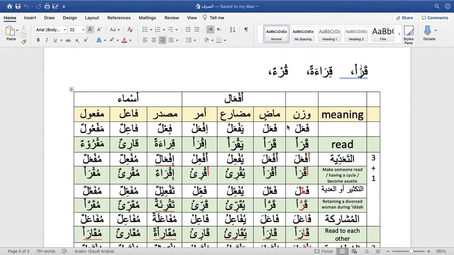So the ثلاثي مجرد قرأ means to read. That is the root. قرأ يقرأ اقرأ قراءة. As usual we say that these four don't have a precise rule that enables you to know whether it has a fatha in the madi as well as in the mudari', and the shape of the masdar.